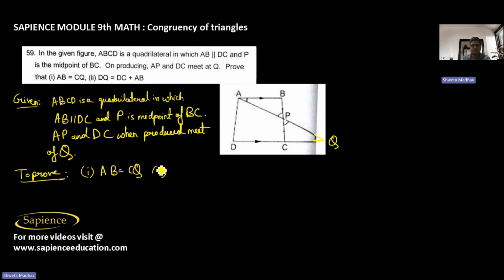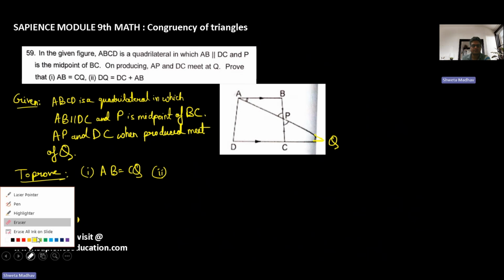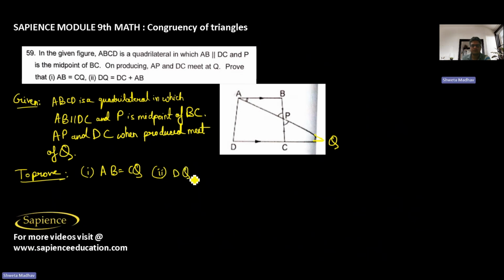The second is to prove that DQ is equal to DC plus AB.